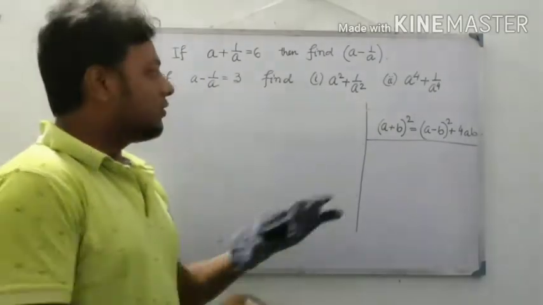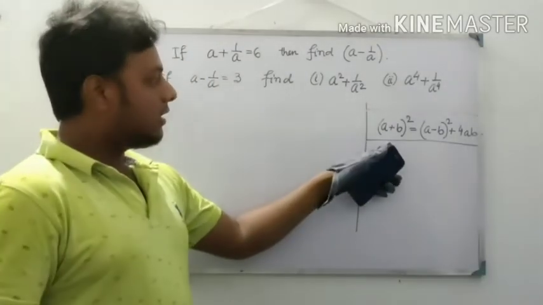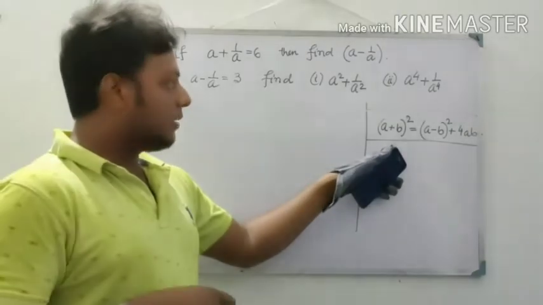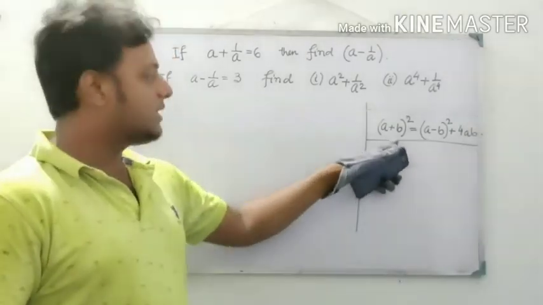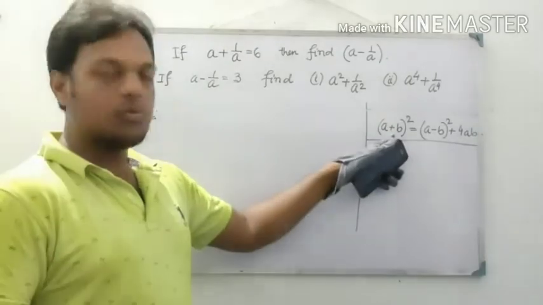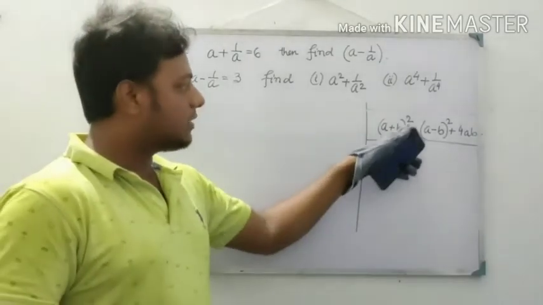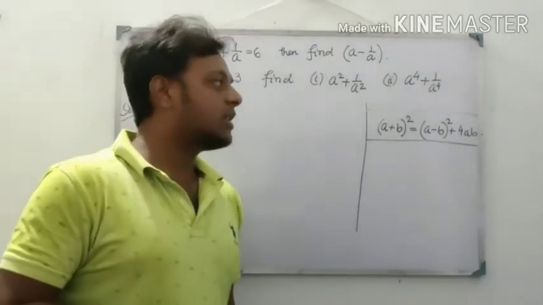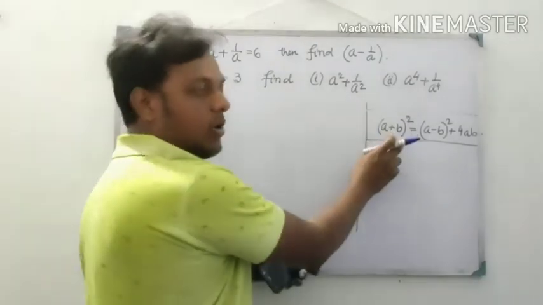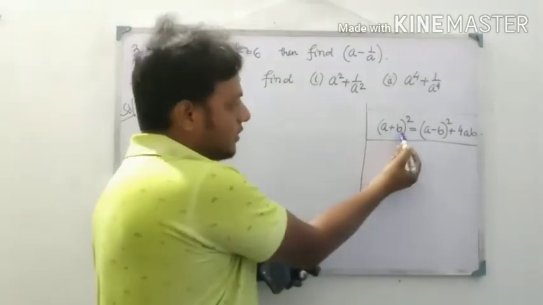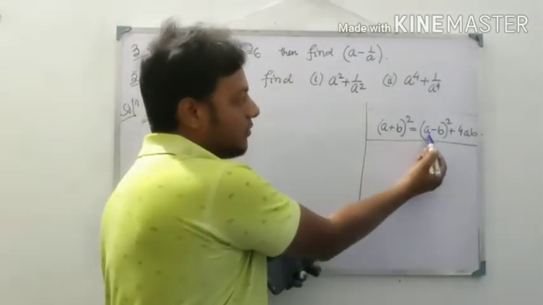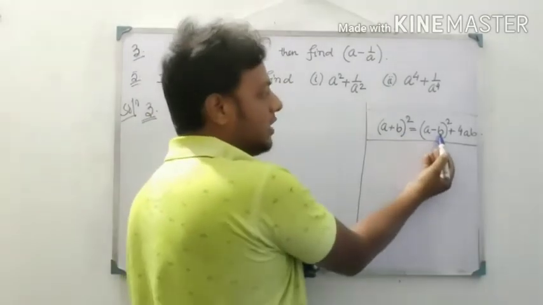In my previous class I have discussed it, and we have proved it also, that a plus b whole square equals a minus b whole square plus 4ab. This is a very important rule, to convert a plus b in terms of a minus b and ab.